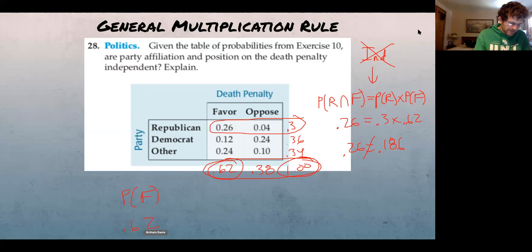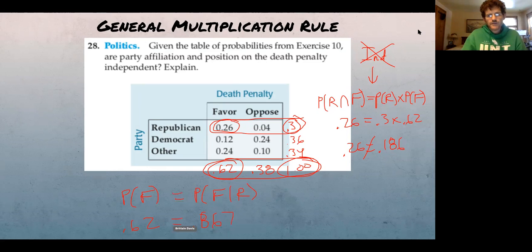The probability of being in favor of this, given that you're a Republican, is 0.26 out of 0.3, which is 0.867.